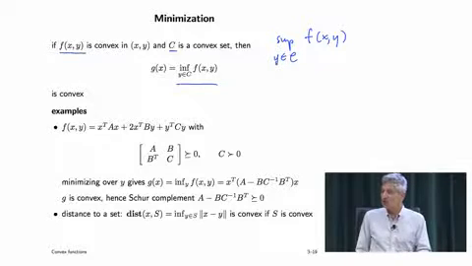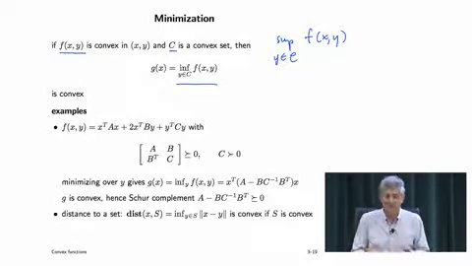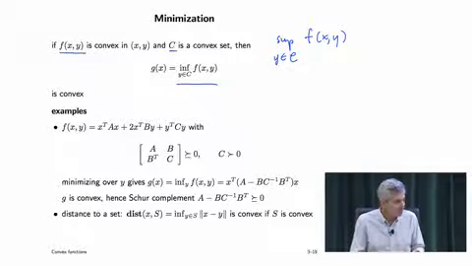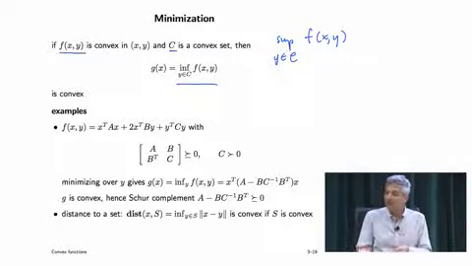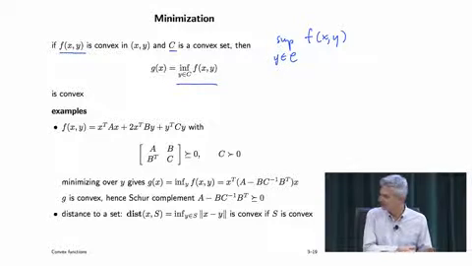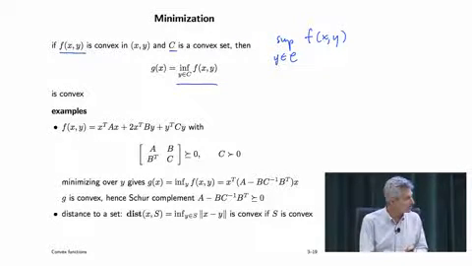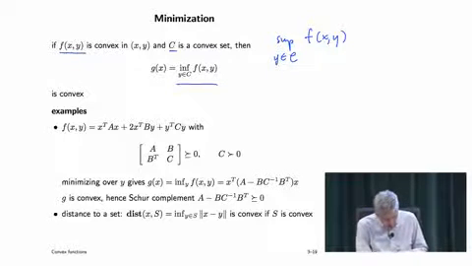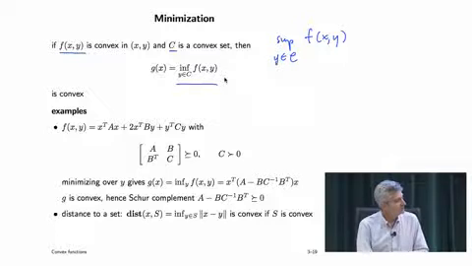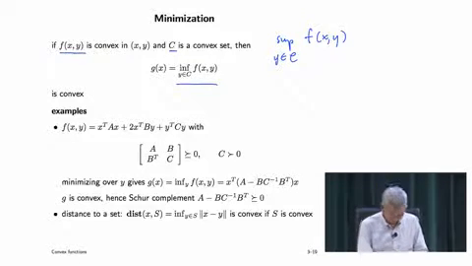Because I have a function f of two blocks of variables, x and y, and I'm going to minimize it over one block, and that will leave a function of the remaining variable. Everybody got this? So that's called partial minimization, and it preserves convexity. So if you do partial minimization, you get a convex function.